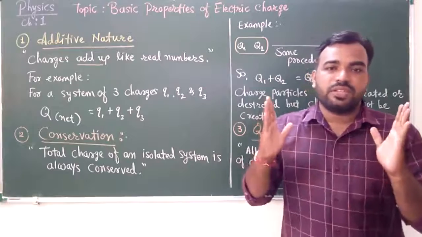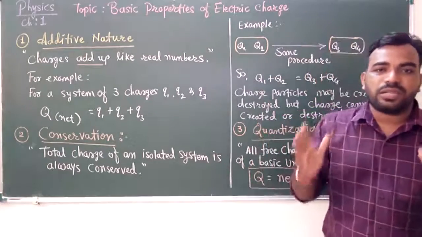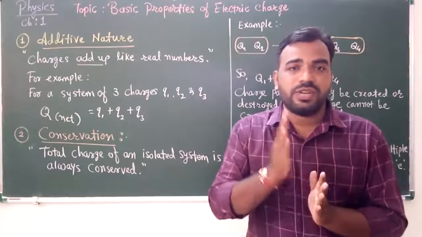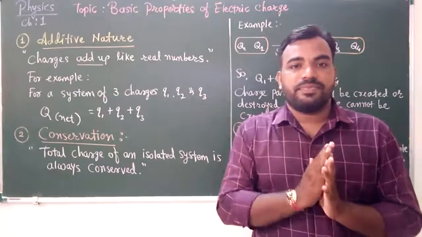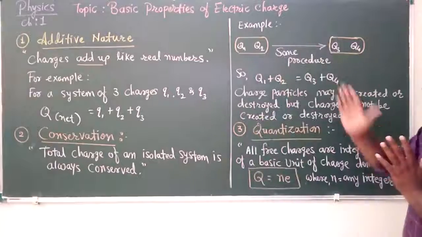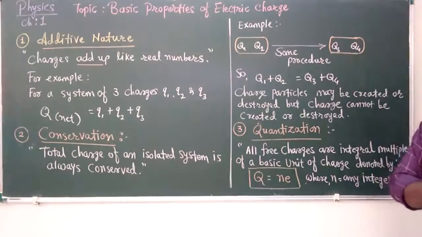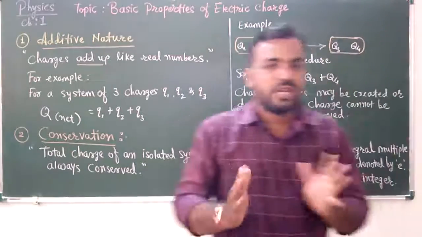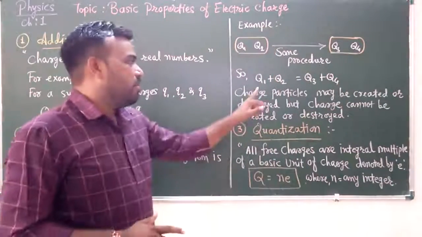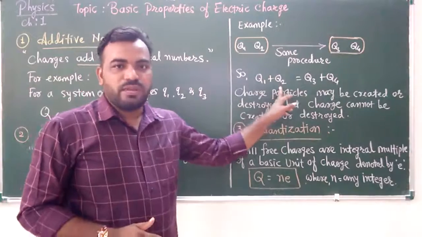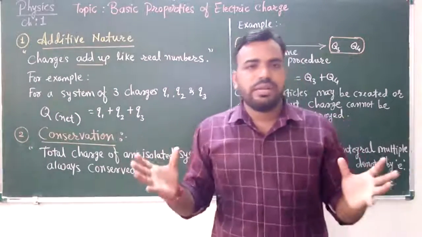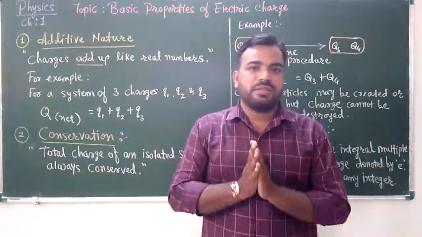The total charge inside the isolated system will remain the same. So at the output side we will get the same amount of charge. So Q1 plus Q2 is equal to Q3 plus Q4. This is known as conservation of charge.